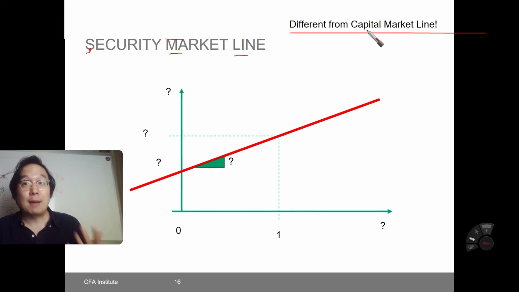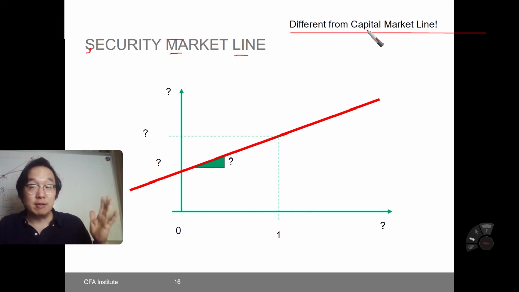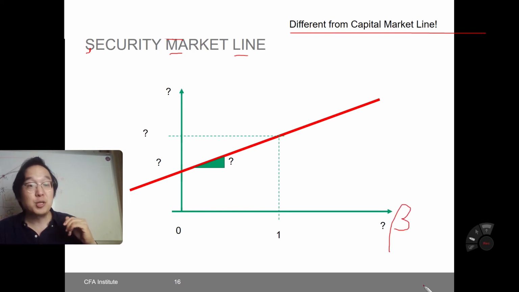Capital market line was about the portfolio-level risk-return trade-off: total risk and expected return of the portfolio. Security market line gets to the security level instead of the portfolio level, and it's about the systematic risk measured by beta, not the standard deviation of return. Notice that. I'm going to ask you this question in your exam, okay?